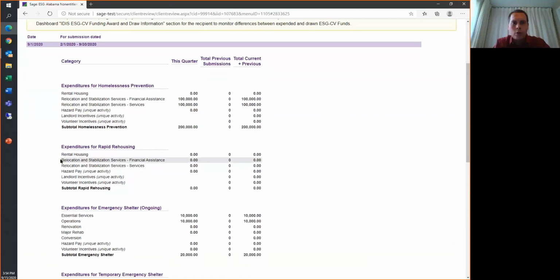If you're familiar with normal ESG reporting, this is a copy for the most part of what's reported in the CR75. So rental housing would be the same costs that you would charge as rental housing under normal ESG. That's generally the cost of rent itself. But there's no unique things under ESG-CV for rental housing.